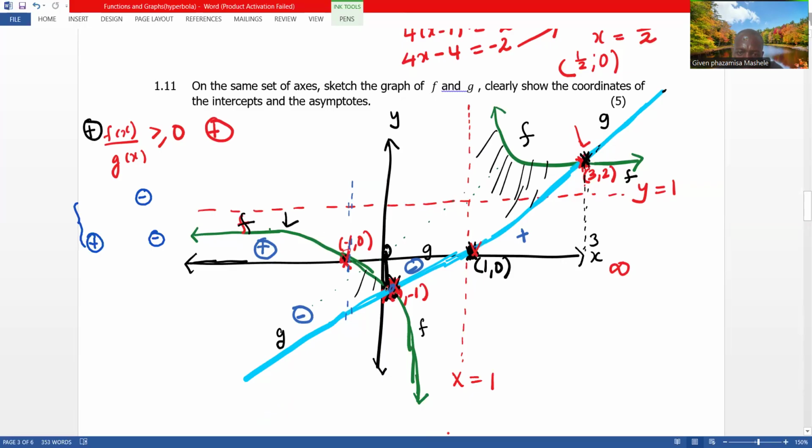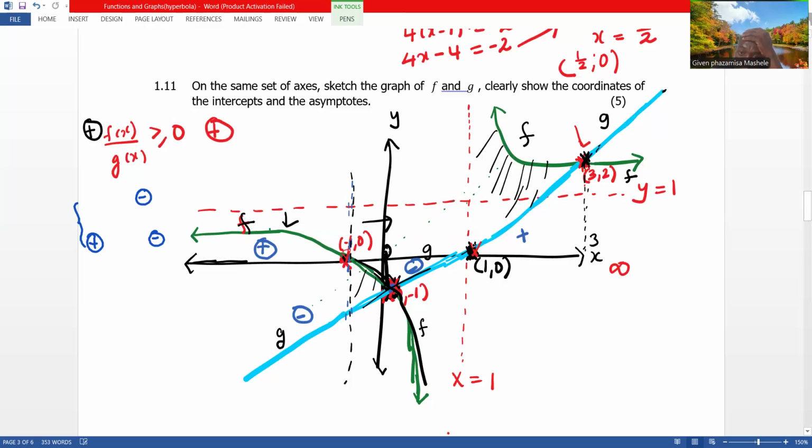Look, from minus 1 above, the graph of f is below the x-axis, so it's negative. And the graph of g at that point up until 0 is also negative. So from minus 1 up until 1, they're both negative.